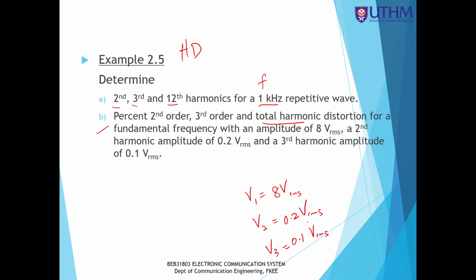If you see, A and B are not related actually. Question A asks up to the 12th, so you might wonder why question B does not go up to 12. Question B is not really related to the first question.